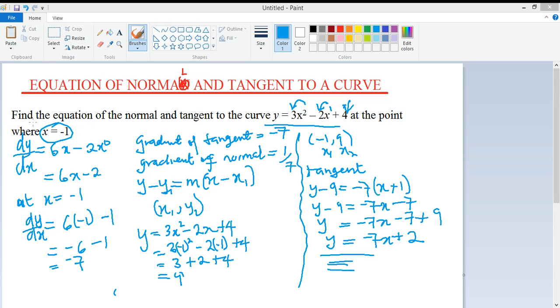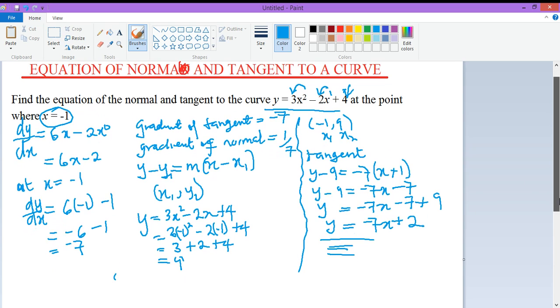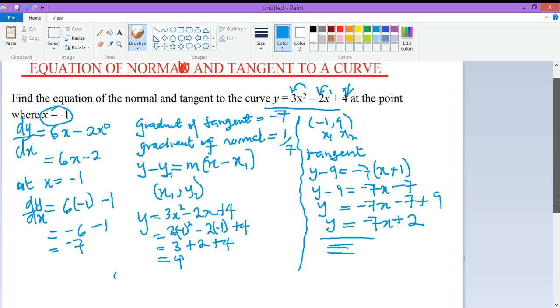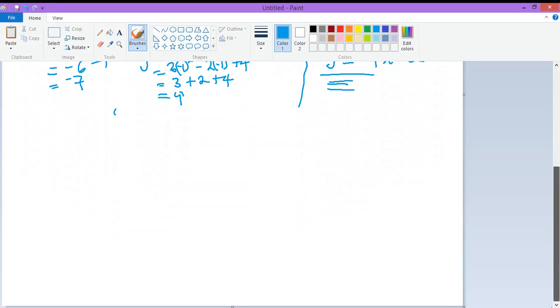Okay, so that is for the tangent. Now let's look at the normal. We are using the same point with a different gradient.